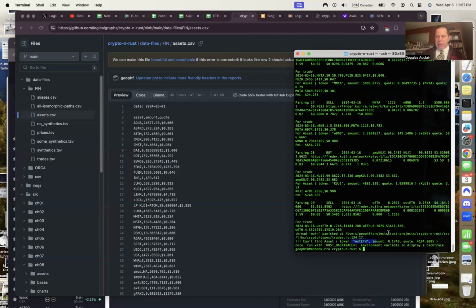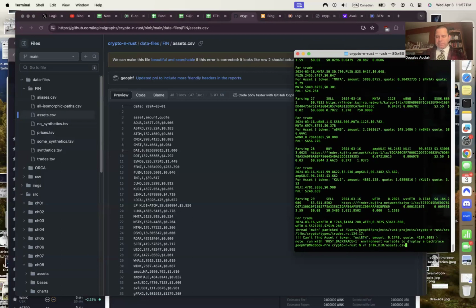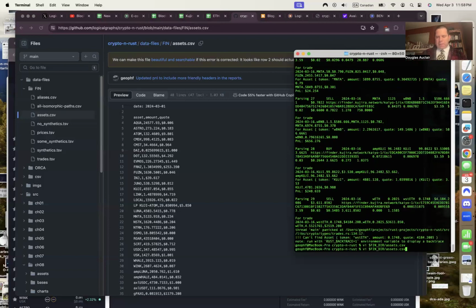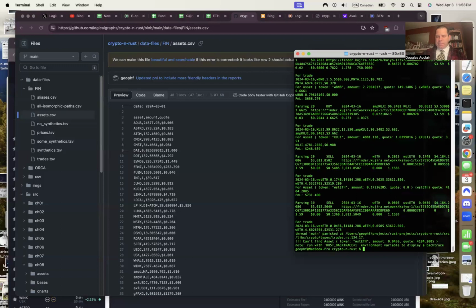Okay, and now I run out of WETH, another asset that I traded quite a bit back in March. So let's modify that value. 1.7, I actually have more than 1.7 ETH, so I'm fine there, but it turns out that I needed even more than that.